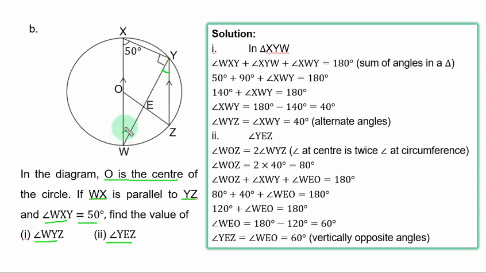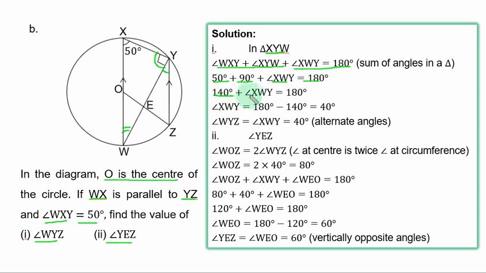So let's start from here by considering triangle SYW. This angle here is 90 degrees. So if you add the 3 angles in that triangle, the sum is 180 degrees. So 2 of the angles are 50 and 90 plus the third angle equal to 180.